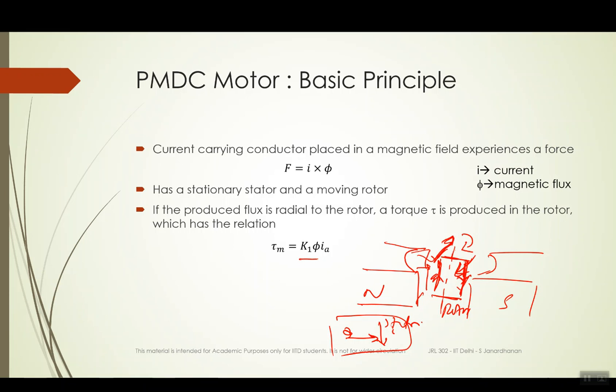This torque can be related to the flux and the current by k1 phi Ia, because the magnetic field is radial, the angle between phi and I is going to be 90 degrees. So I cross phi is I phi times sine 90, which is 1.